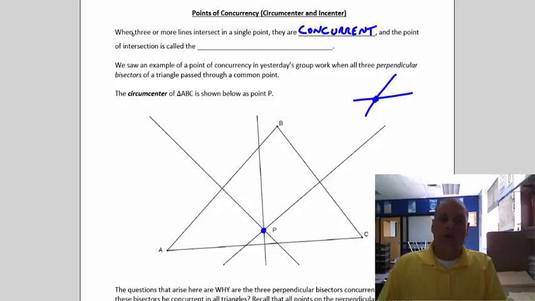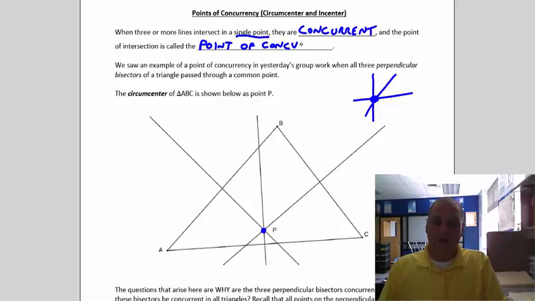When 3 or more lines intersect in a single point, they are concurrent, and the point of intersection, point P, is called the point of concurrency. Very important vocabulary.